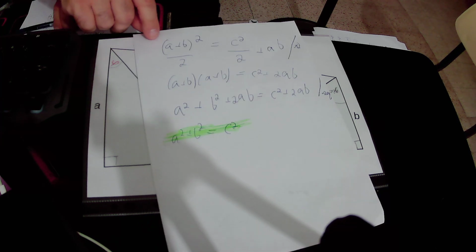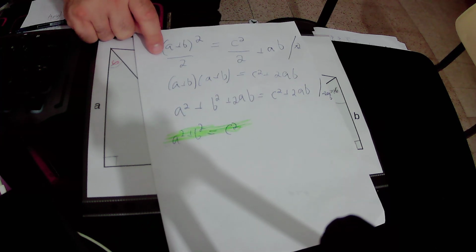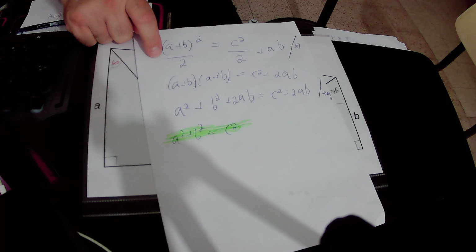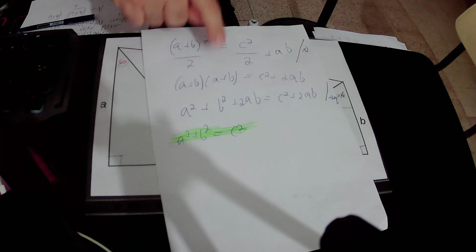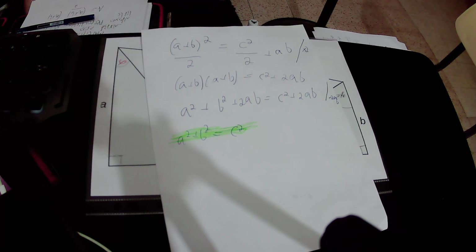A plus B squared divided by 2 times 2 is A plus B squared, which is A plus B times A plus B, and it equals C squared divided by 2 times 2, which is C squared, plus AB times 2, which is 2AB.